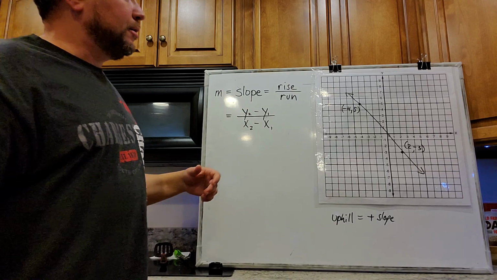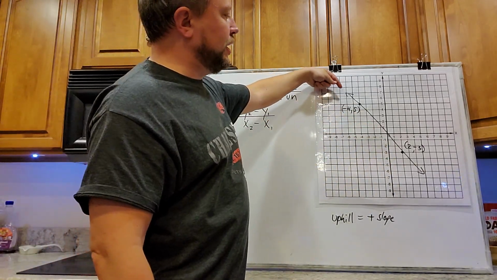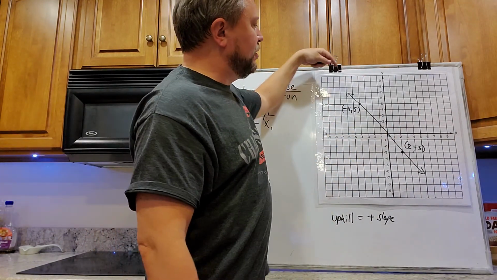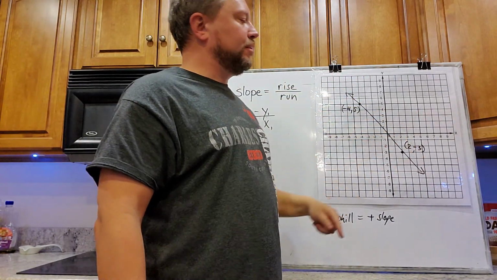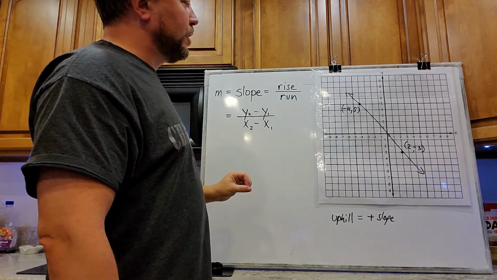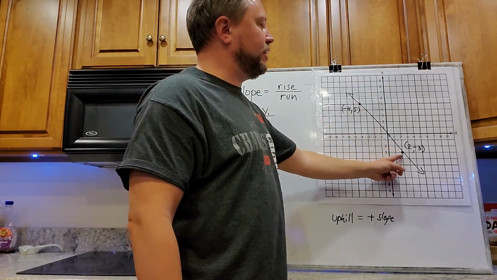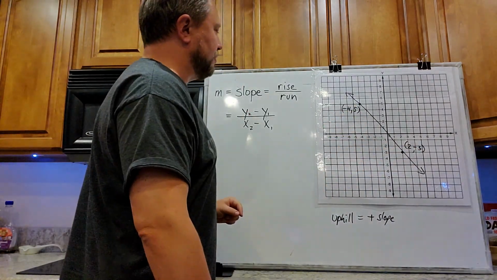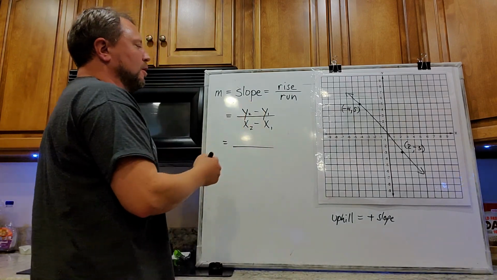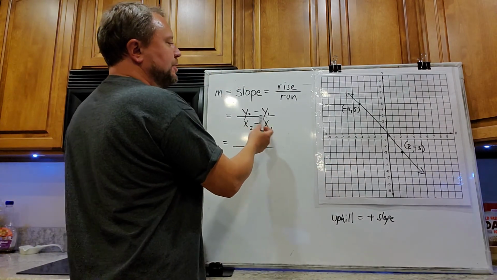All right, so I've got a new problem I put up here. As you can see, this line, instead of going uphill as you go left to right, this one's going downhill. Okay, so I want to see what effect that has on our slope. It goes through these points at -4, 5, and down here at 2, -3. So let's plug them in. Let's see what we get for our slope. So we have y values on top again.